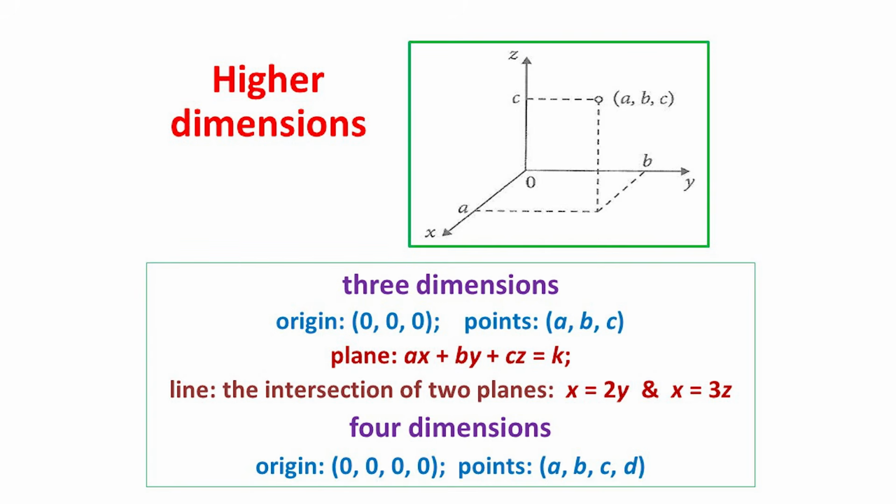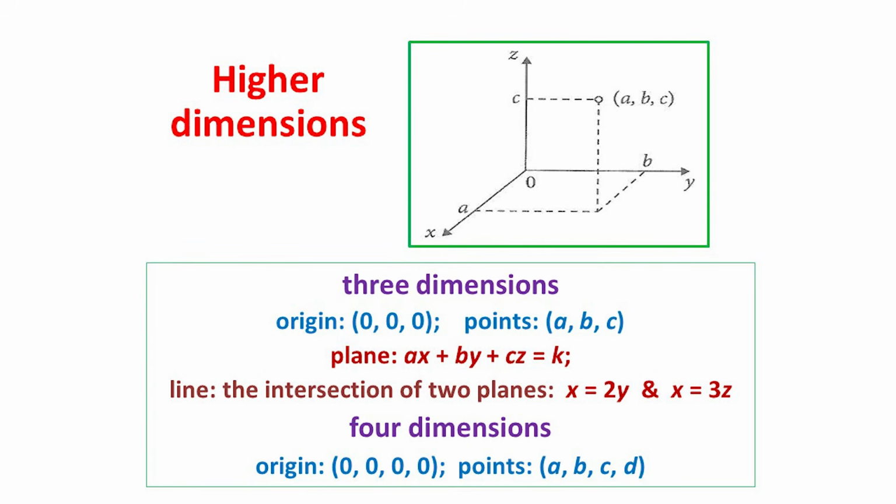Planes then have equations of the form ax plus by plus cz is a constant, while a line, being the intersection of 2 planes, now has 2 equations. For example, the line with the equations here is the intersection of the 2 planes with equations x minus 2y equals 0 and x minus 3z equals 0.